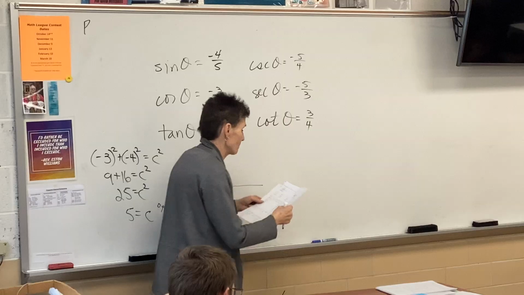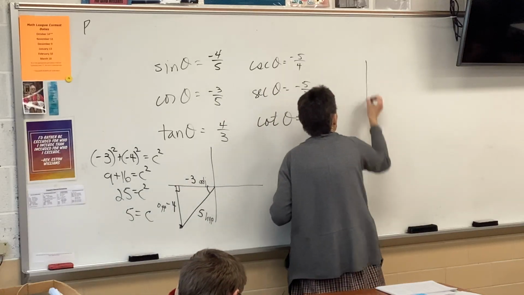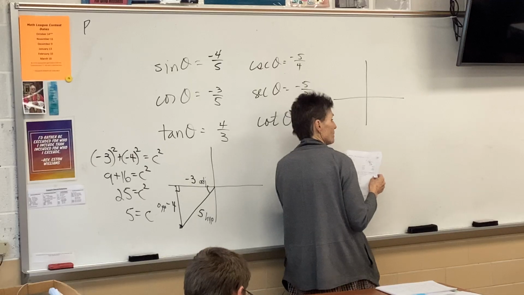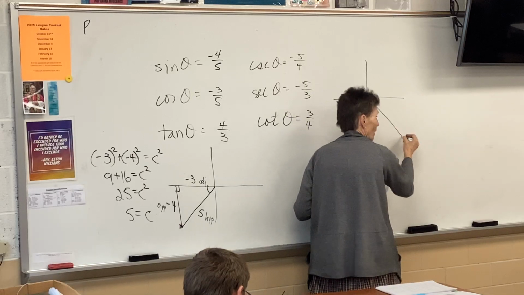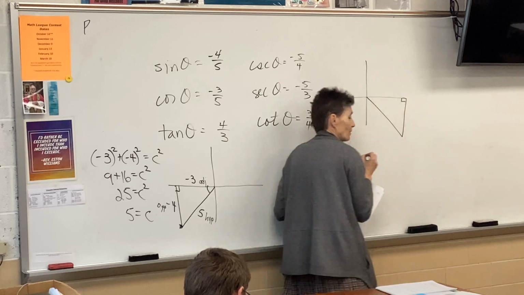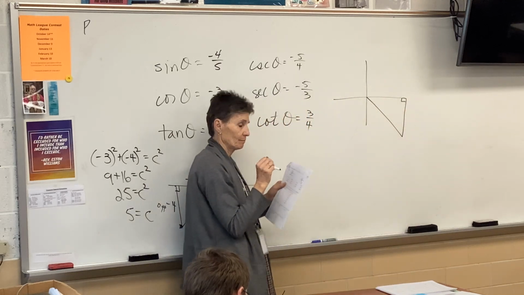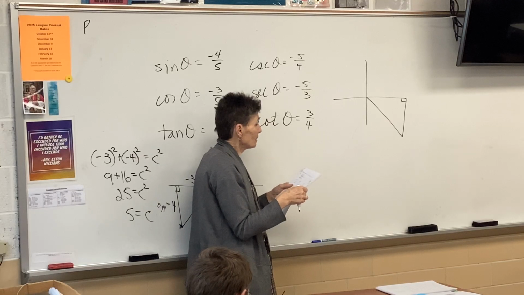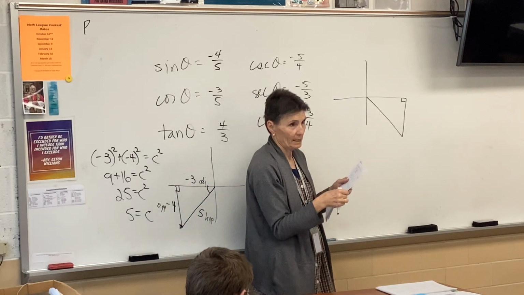One more of those. This time, my triangle is going to be drawn in quadrant 4. So remember, butterfly bow tie. Now I have to do some labeling.